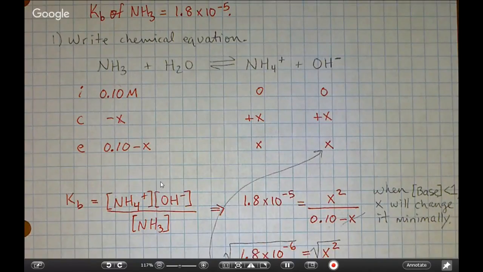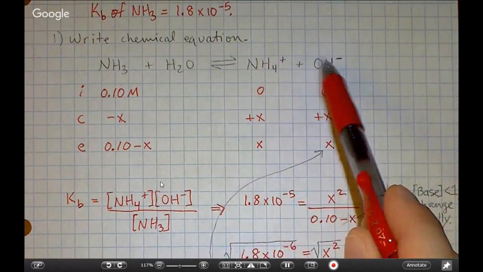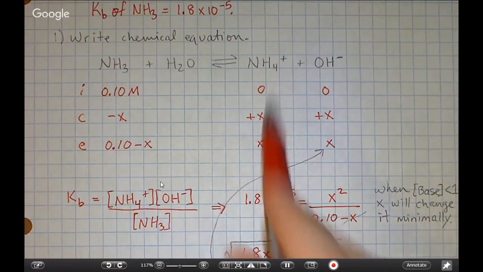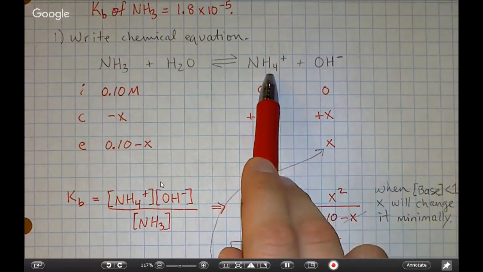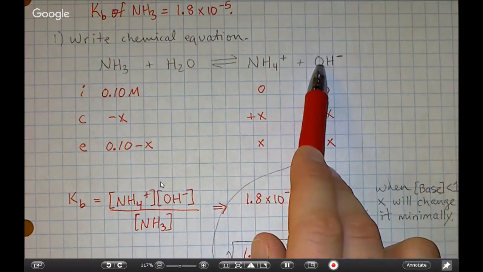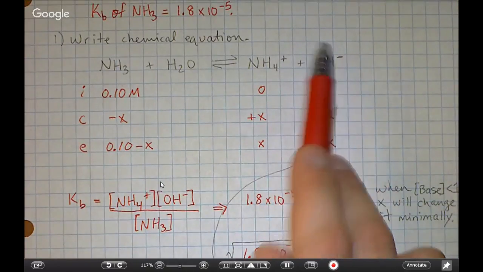Right. And that's because yesterday this part here was H+ or hydronium, and this was the conjugate base. But now instead of having an H+, we have a hydroxide, which is saying we're dealing with a base.